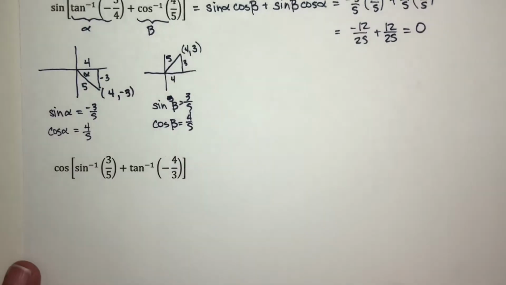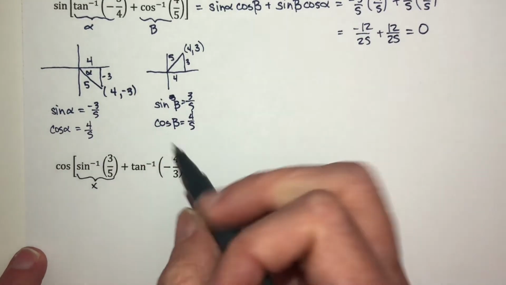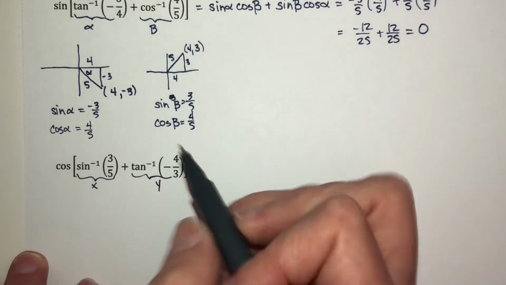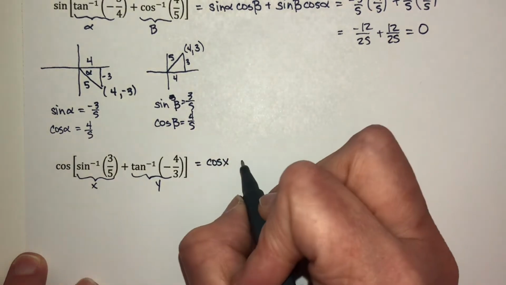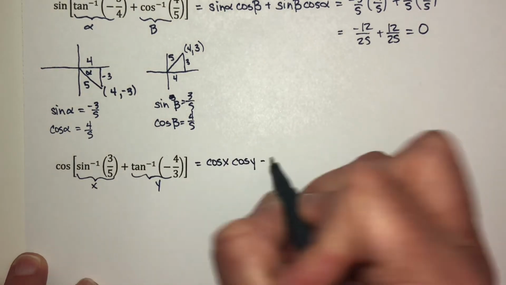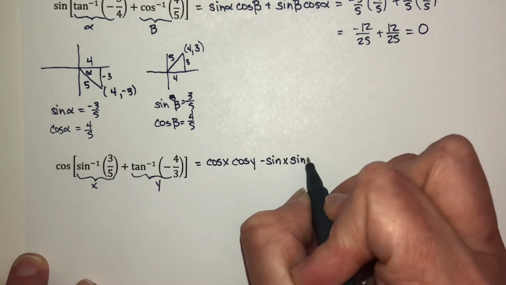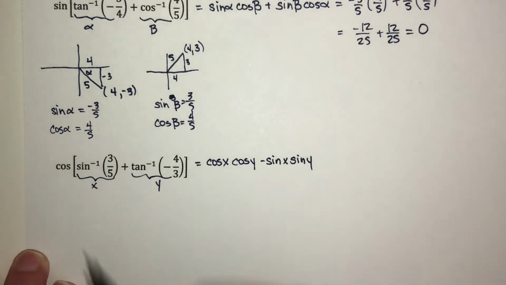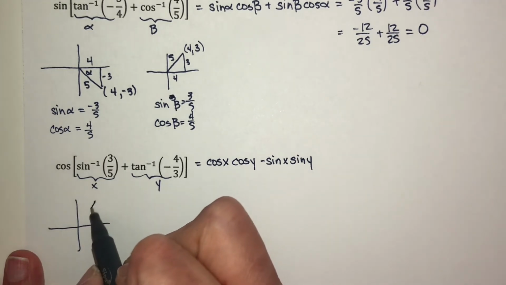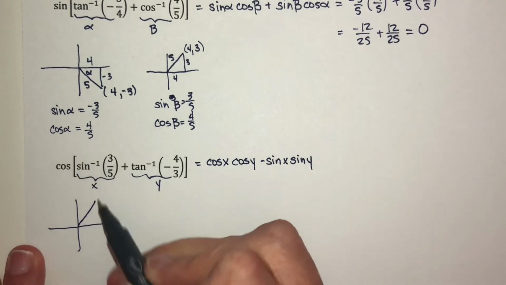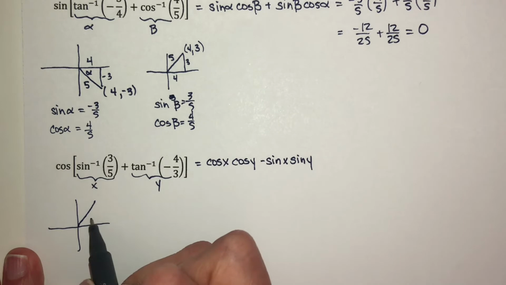Okay, doing something similar here. Let's call this one x and this one y. So we're adding cosines. So I need to figure cosine x cosine y minus sine x sine y. Okay, so if our sine is 3/5, inverse sine gives us an answer in the first and the fourth quadrants, and it's positive, so it needs to be in quadrant 1.